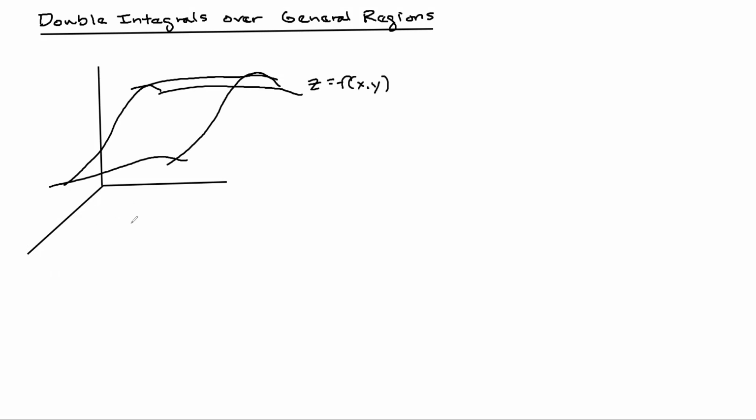And then beneath our surface, let's say that we have a shape that looks something like this, where the top of our shape is defined by y equals h of x, and the bottom of our shape is defined by y equals g of x.